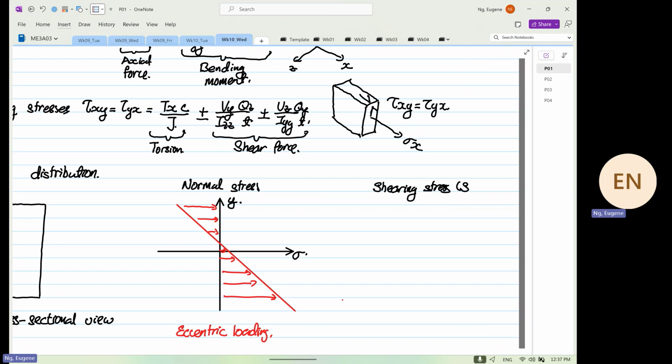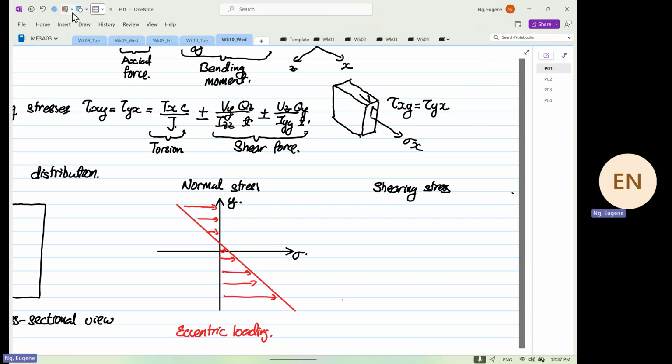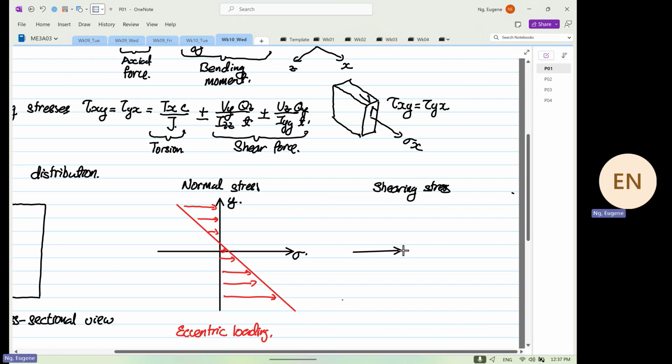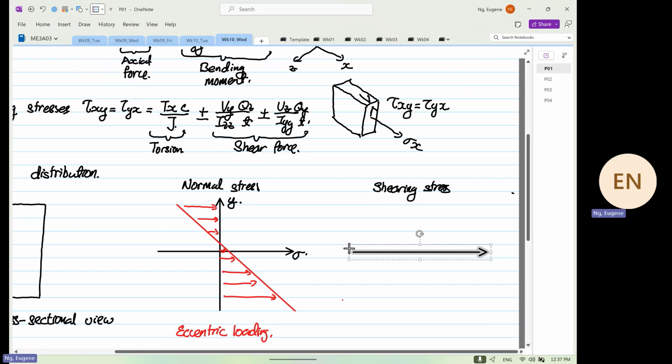In your shearing stress, that's why I'm testing you so much on distribution, this is due to shear force. Let's draw shearing stress. Okay, I will tell you which is due to shear force and which is due to the torque.